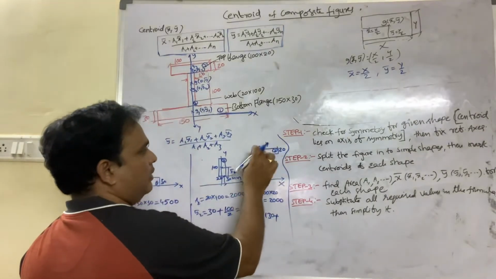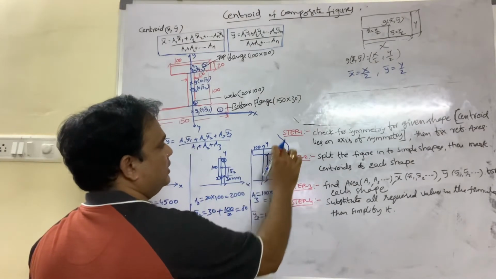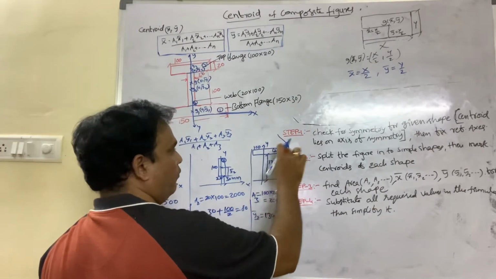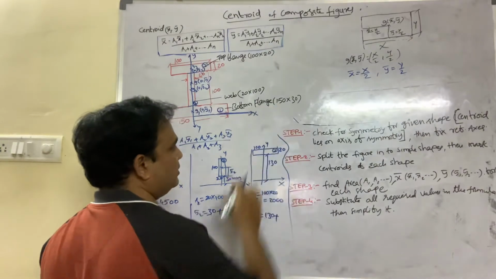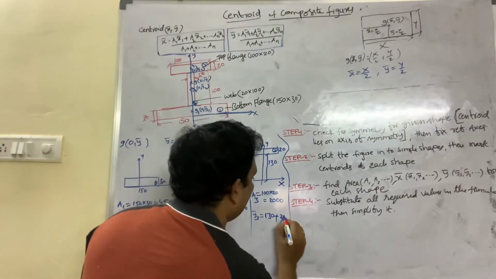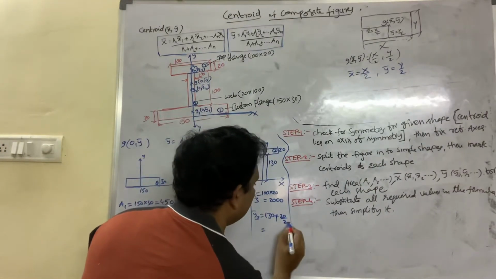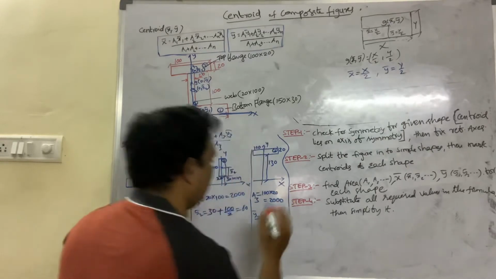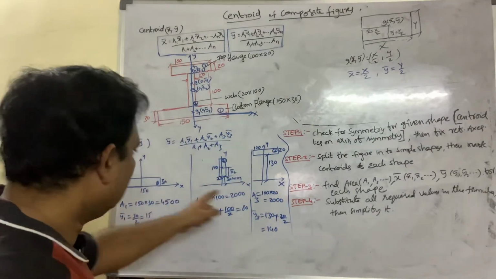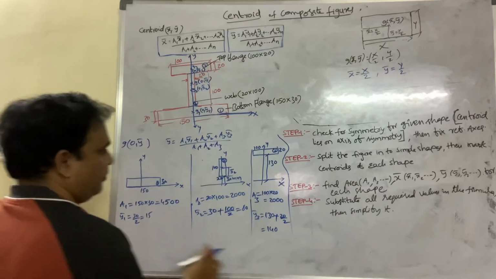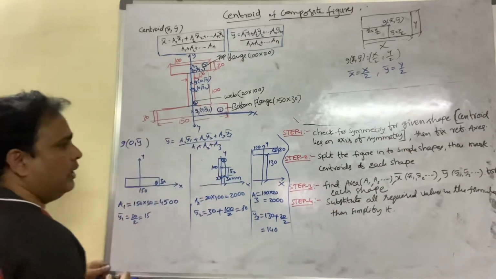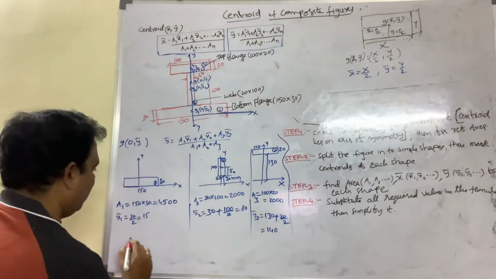For this member, 100 is the horizontal distance and 20 is the vertical distance. The vertical centroidal distance is vertical distance by 2, that means 130 plus 10, 140.